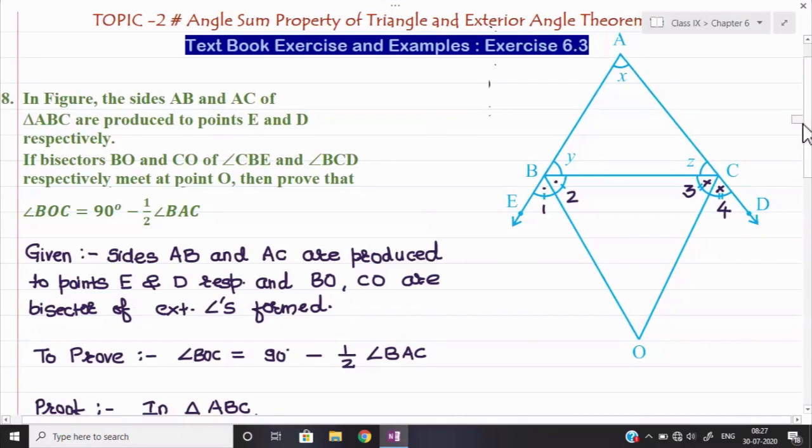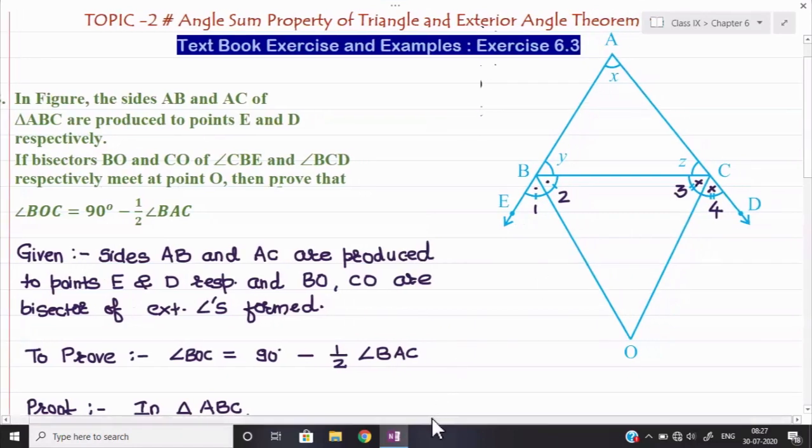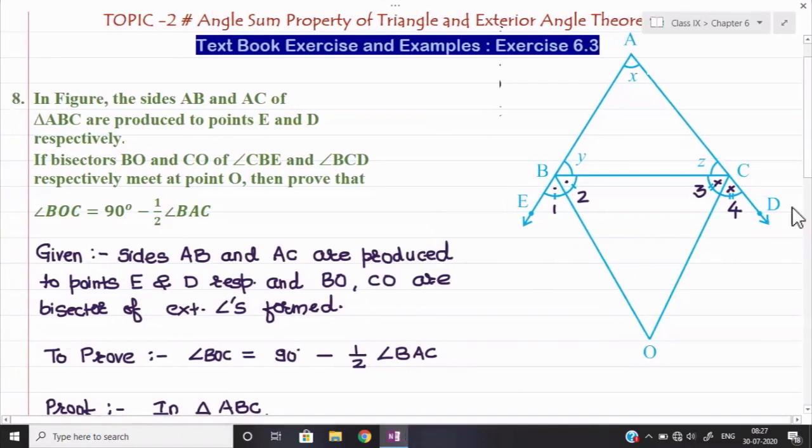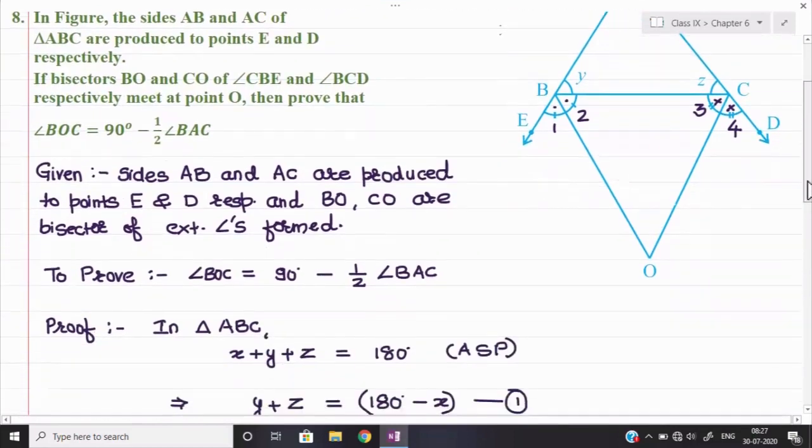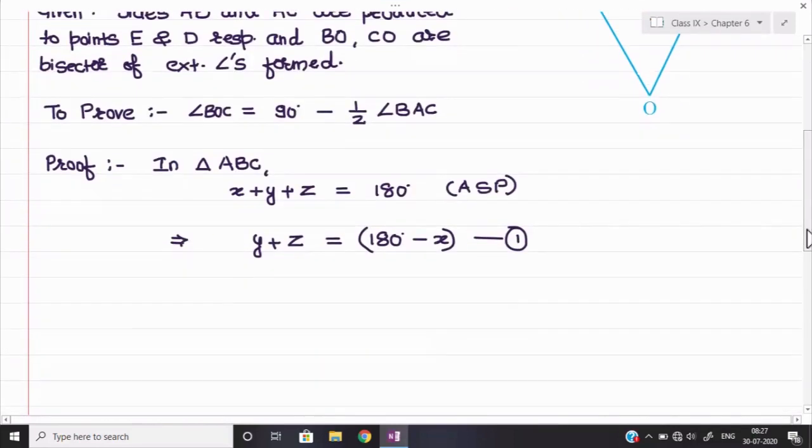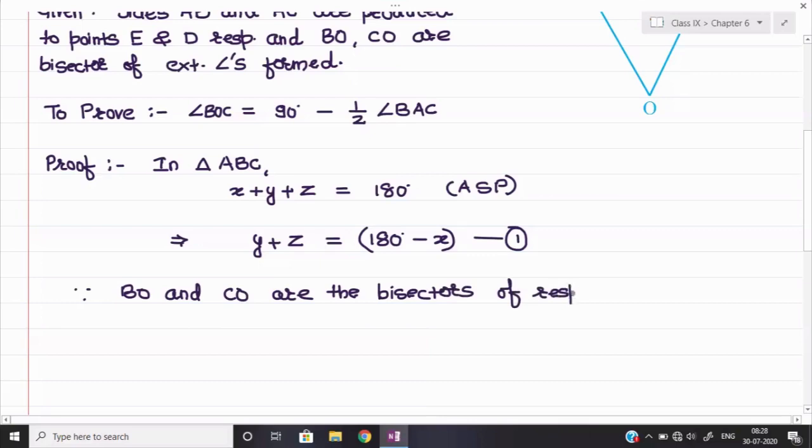Already in the given we have mentioned, but in the form of equation we have not written. That's why we shall write down in the form of equations. So first we shall write down, since BO and CO are the bisectors of respective exterior angles.